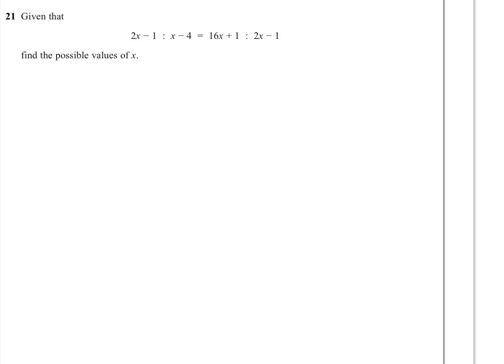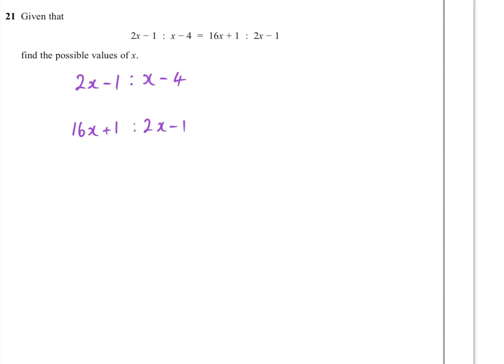Question 21. Quite a difficult question here involving ratios. We've got this ratio here, and we're told that it's the same as this ratio here.